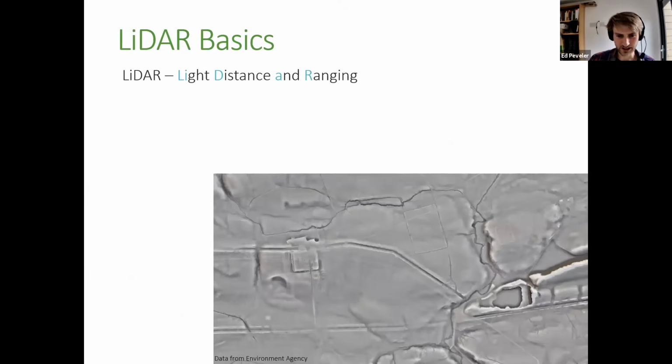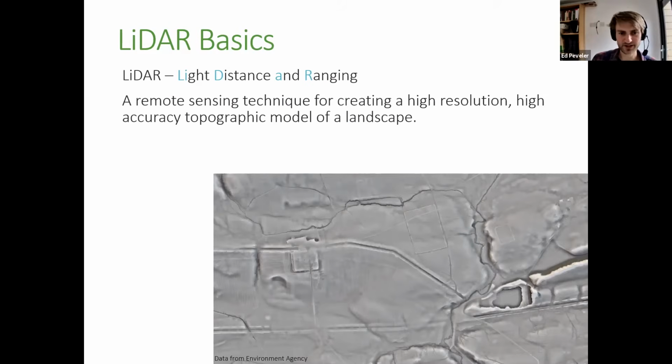Just a quick background on LiDAR. I won't go into too much detail here, but just for those of you who haven't come across LiDAR before, or haven't read much up on it. LiDAR stands for light detection and ranging. It is a remote sensing technique used for creating a high resolution, high accuracy topographic model of a landscape. So all the lumps and bumps across a landscape with very, very high resolution.